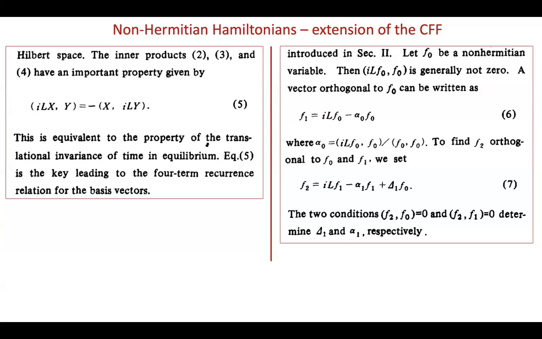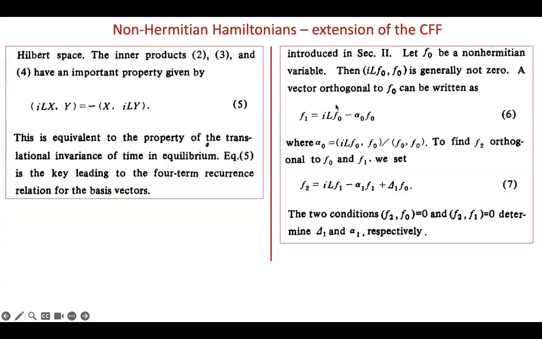Now, what I told you last time is that the way the recurrence relation is typically constructed, you generalize the first basis vector f1, which already was ILF0, but now you bring in a dependence on f0, which is a different kind of dependence.